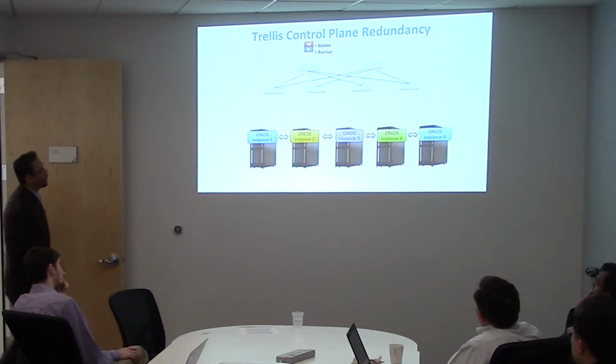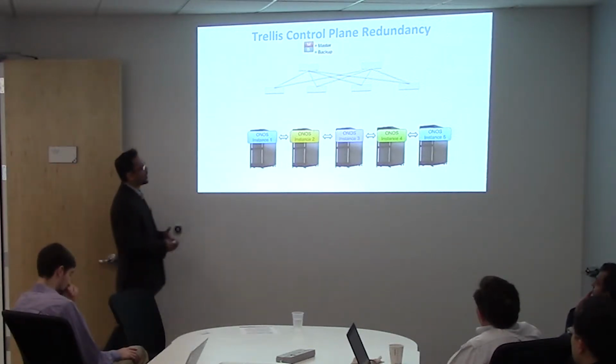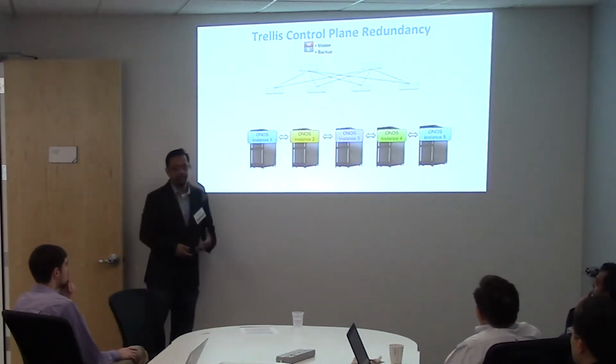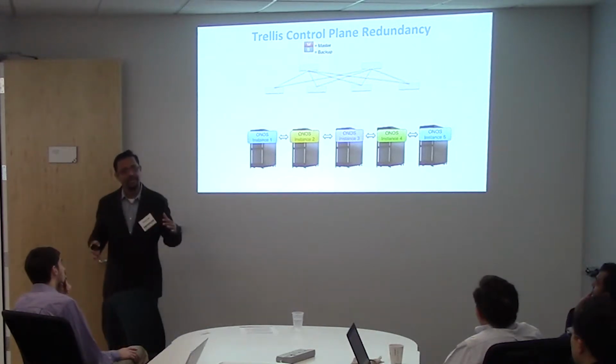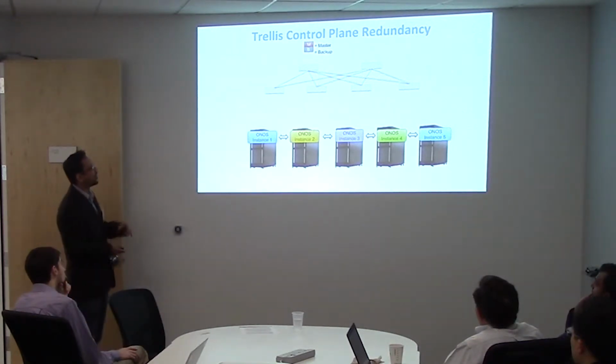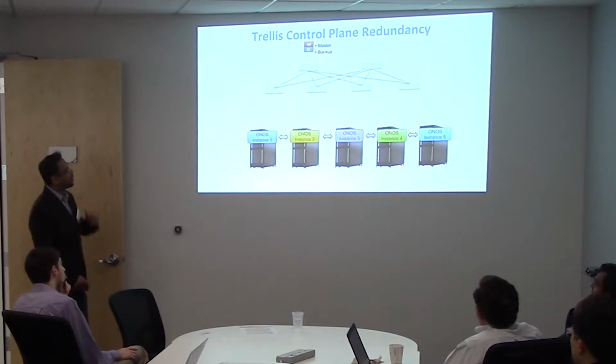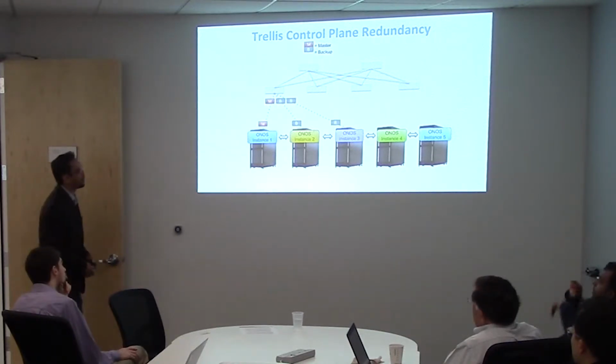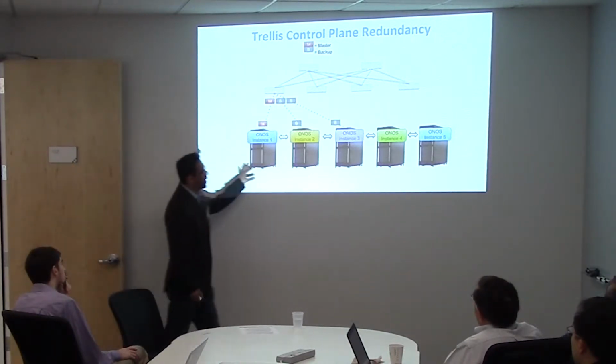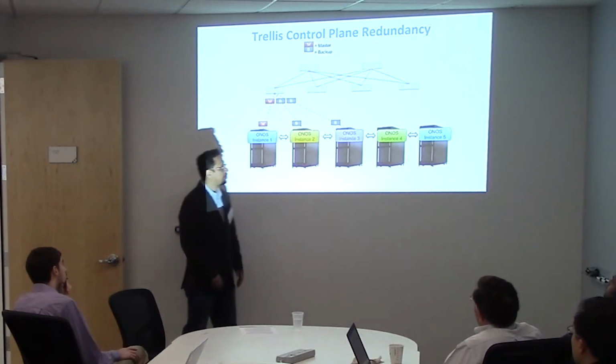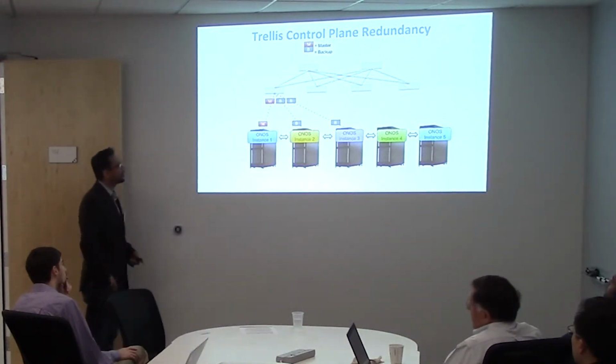So that was talking more about the data plane scale, but just as important, because Trellis is based on SDN and it's disaggregated, we have to talk about the control plane redundancy as well. You can imagine there are multiple instances of ONOS, and this is what happens.